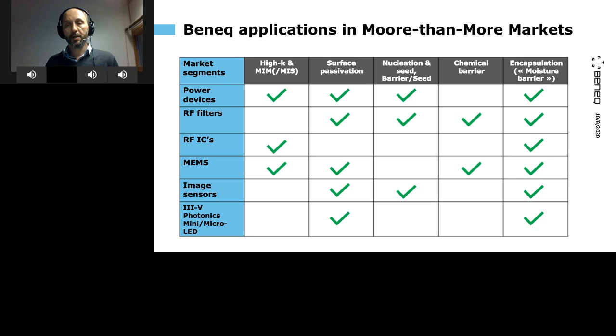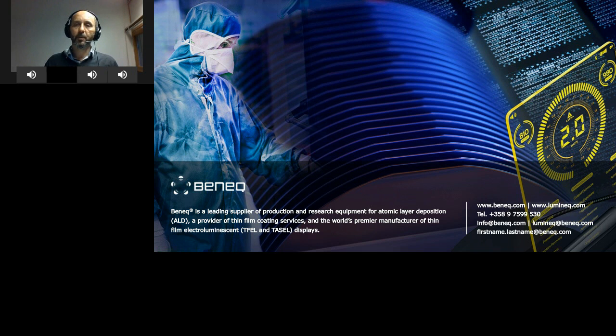And photonics is now connecting very much with mobile phones too. For those markets, again, we are providing thin films for high-K materials, passivation, nucleation seed, chemical barrier, and encapsulation, which is a very common thing across the different technologies. With that, I would like to thank you for your attention and pass the torch to the next speaker. Thank you very much.